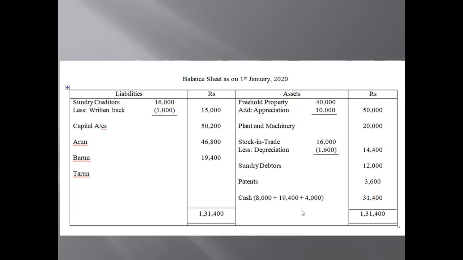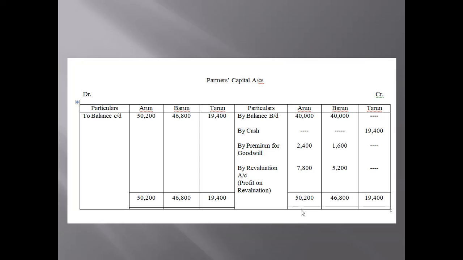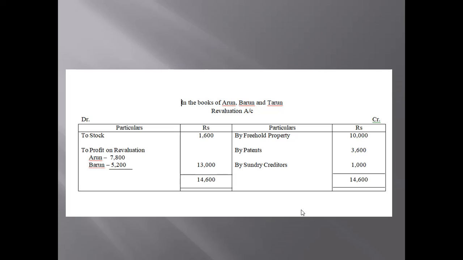But before you write the final item of the balance sheet, look at the revaluation account one more time. We read about freehold property. We read about this stock also. I'm just talking about the asset column of the balance sheet. We will move on to liabilities afterwards. So we did adjustment for this freehold property and this stock, but creditors is in the liability column, so don't worry about this sundry creditors because it is not in the asset column.